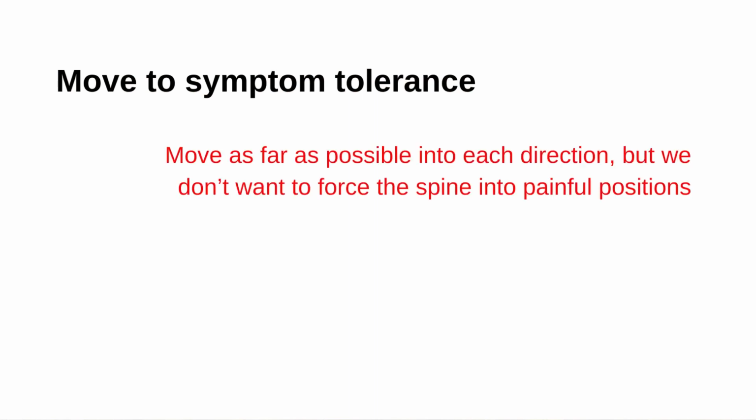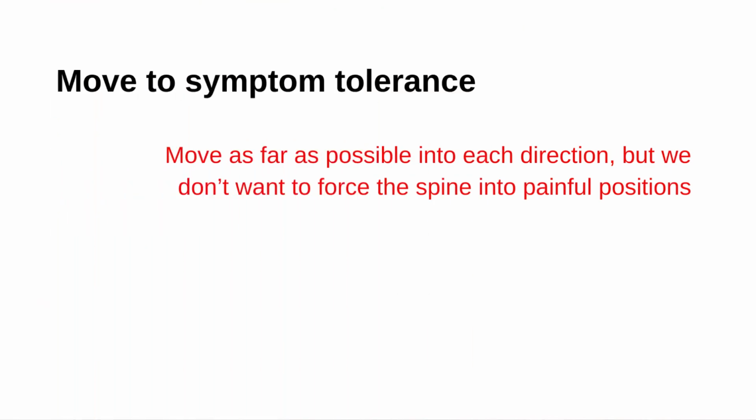So now that we've gone over the program itself, let's go over the programming and progression criteria. First, as I briefly mentioned when reviewing the exercises themselves, the key with these motions is to move to symptom tolerance. In other words, we want to move as far as possible into each direction, but we're not trying to force the spine into painful positions.